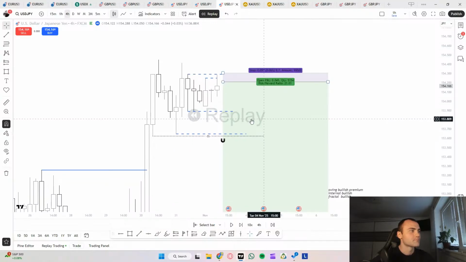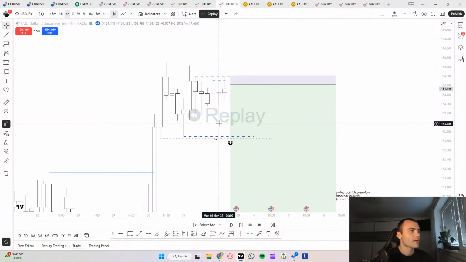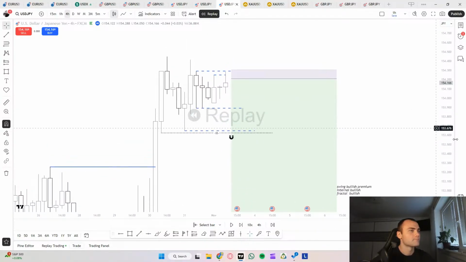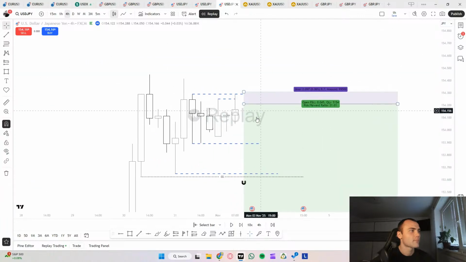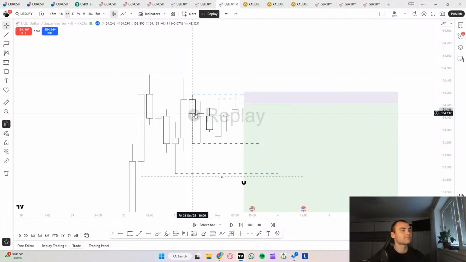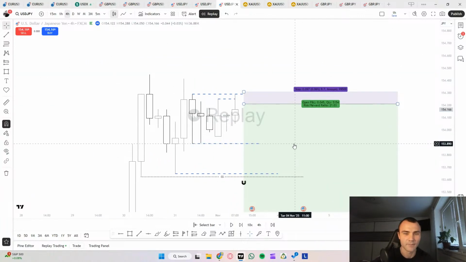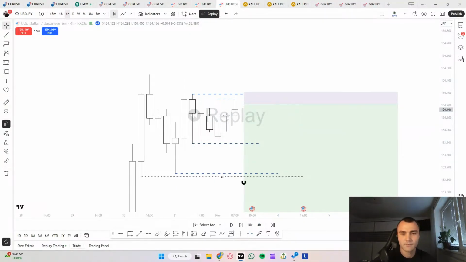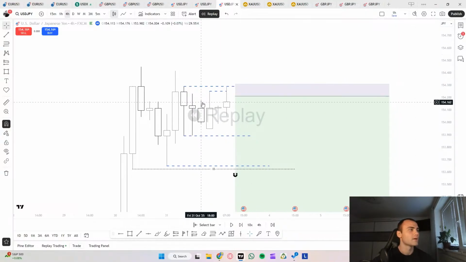Inside this range is basically another smaller one.